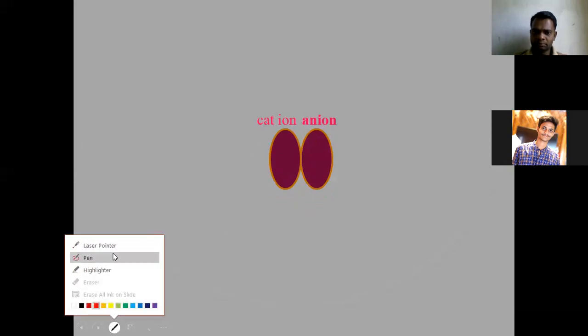This is one cation and this is one anion. Both are separated at some distance. This is the distance of separation before applying the electric field.